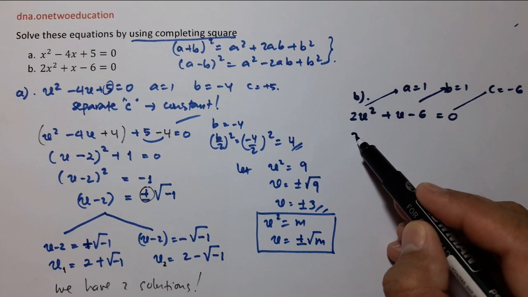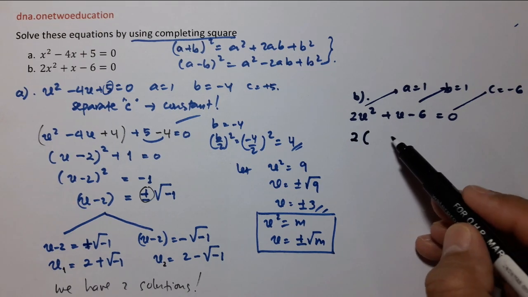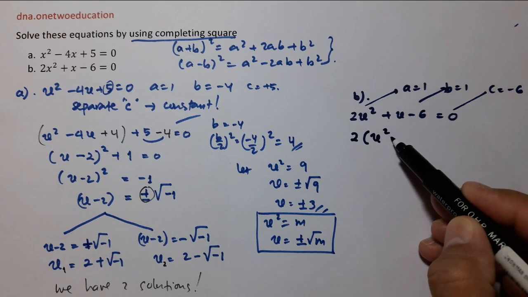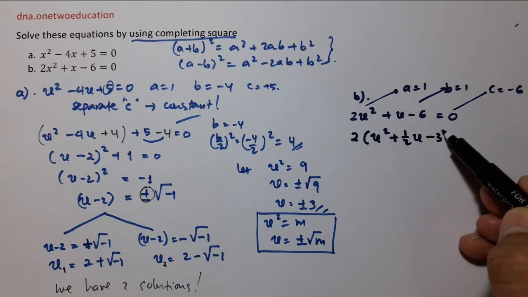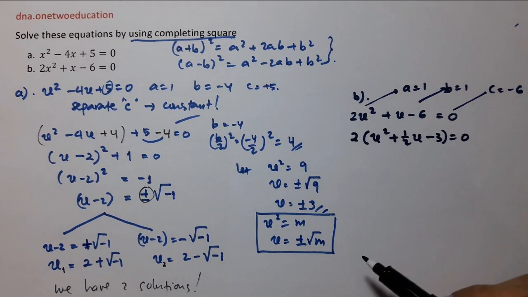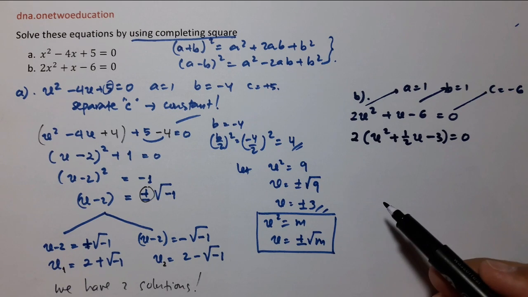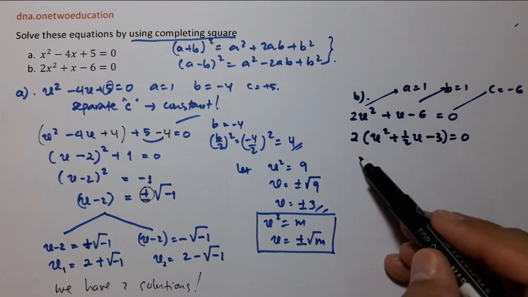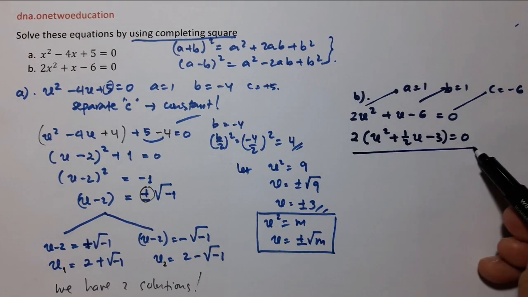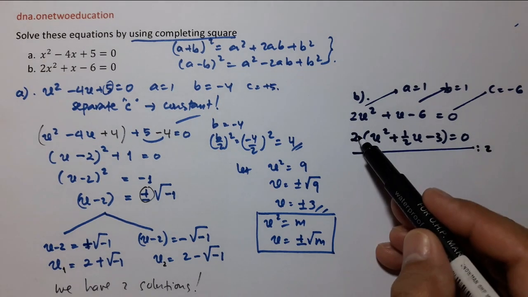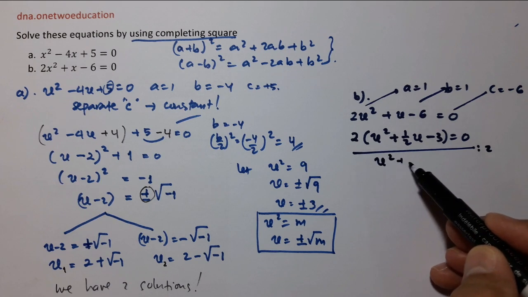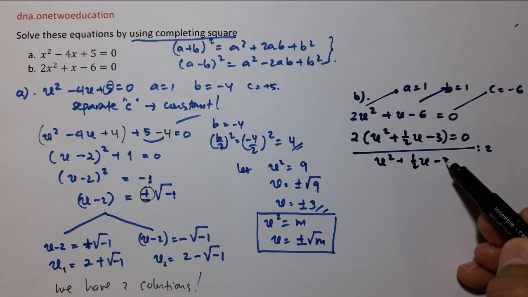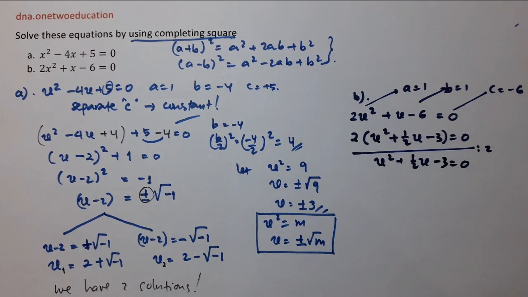Distribution, 2, open the bracket, x squared plus a half x minus 3 equals 0, right? Clear, everyone? Okay, next, divide by 2. You got x squared plus a half x minus 3 equals 0.